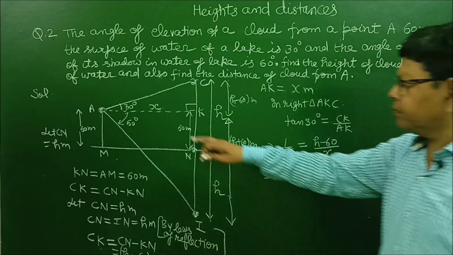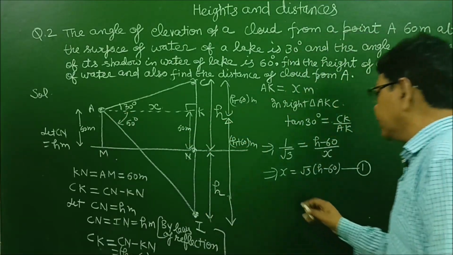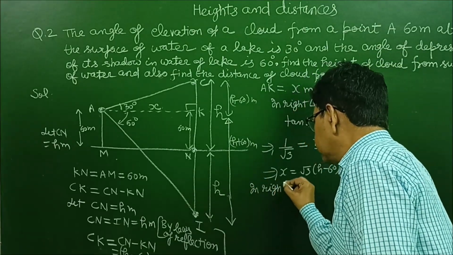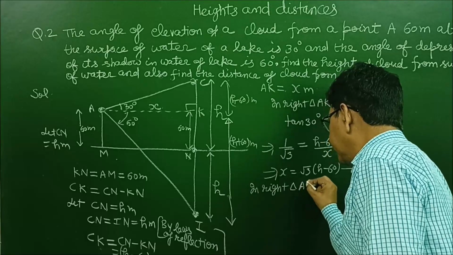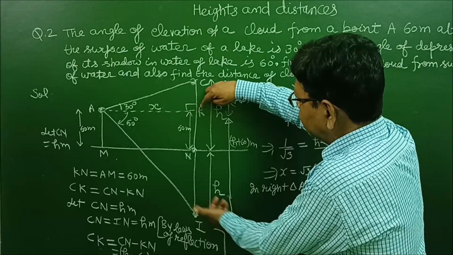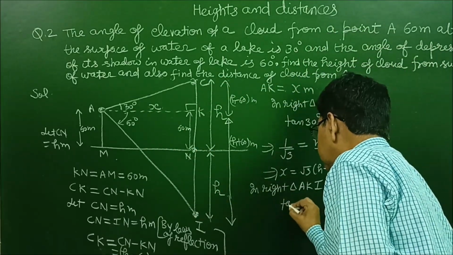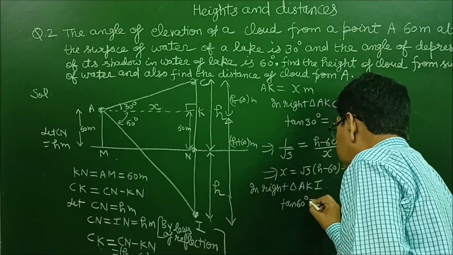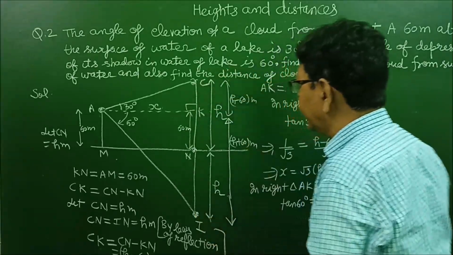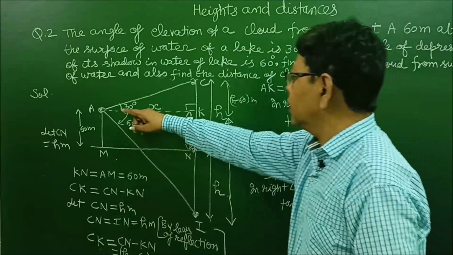Now the other triangle which is possible here is AKI. In right triangle AKI, again we need the perpendicular and base. So tan 60 degrees here, the angle is 60 here, is equal to the perpendicular KI upon the base AK.